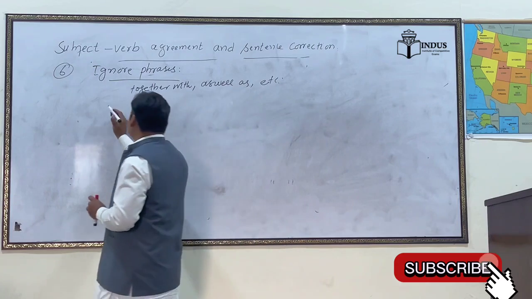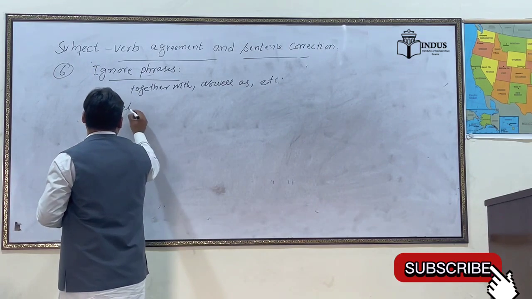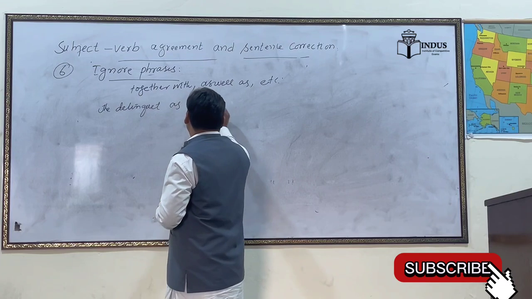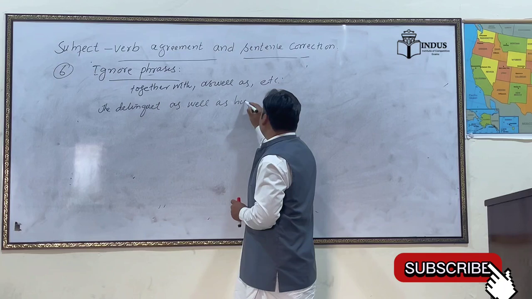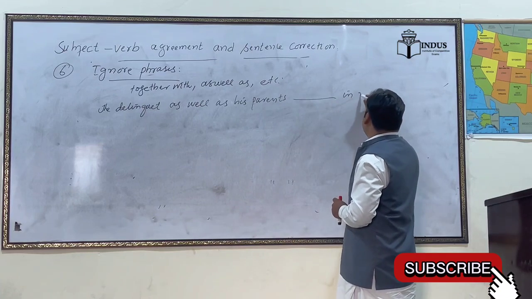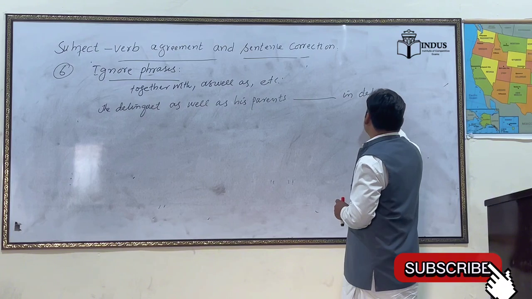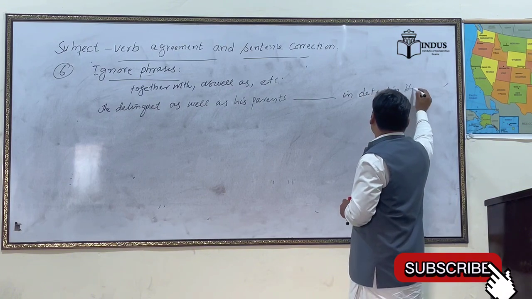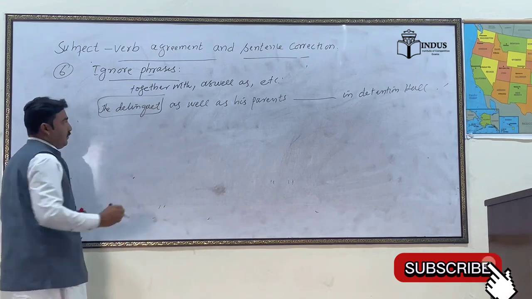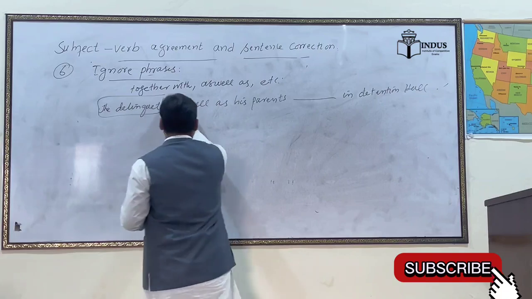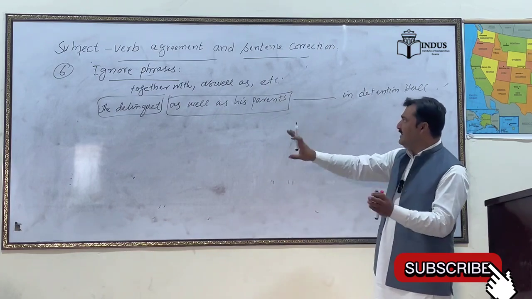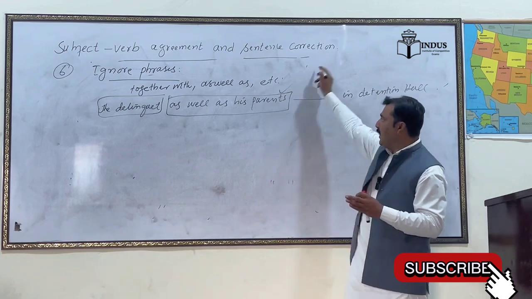Now, I write a sentence. The delinquent, as well as his parents, dash in detention hall. Here the subject is the delinquent, the criminal. This is the extra phrase that has been used between the subject and the verb. You have to ignore it.